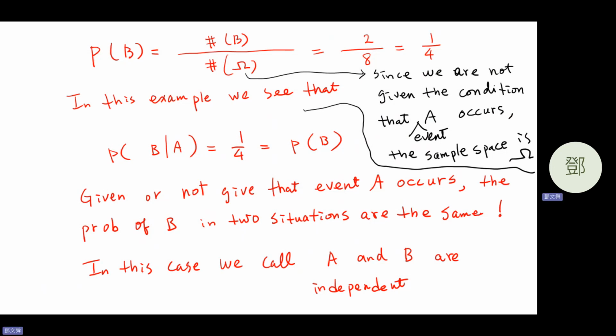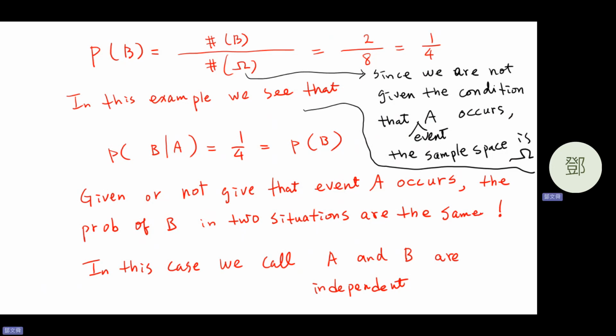Here we see that the probability of B given that A already occurred is 1 over 4, and it is equal to the probability of B itself. So what we see here is that given or not given that the event A occurs, the probability of B in the two situations is the same.